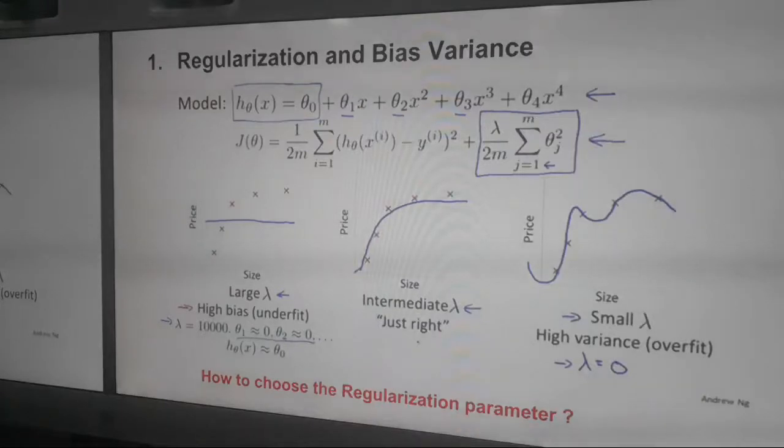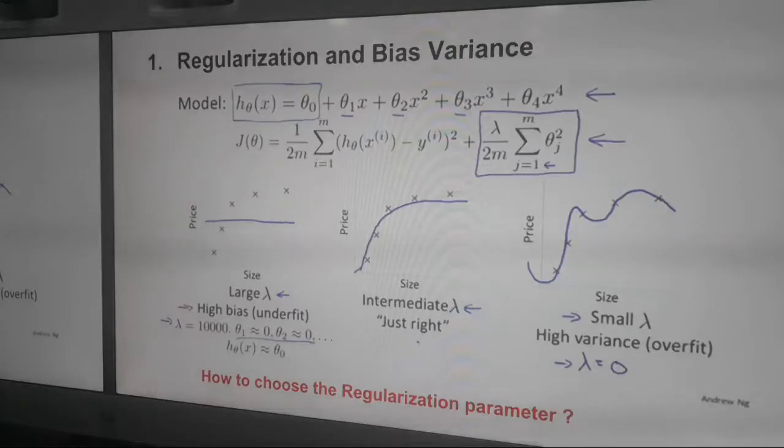If you're having high variance, that means your model is overfitting, right? What are you going to do? You want your model to go from a complex function to a simple function. Let's assume this is a quartic function. You want to bring it down to a linear model.